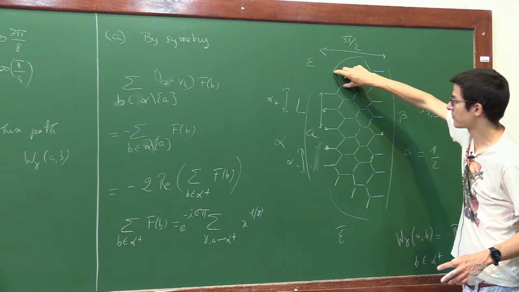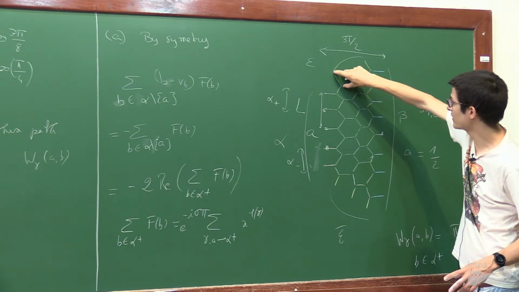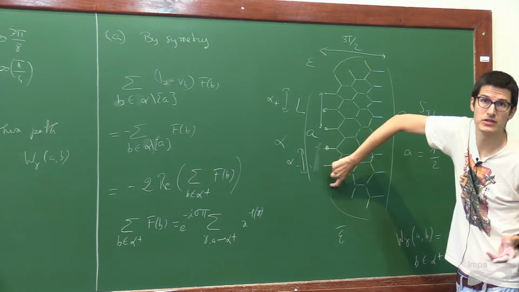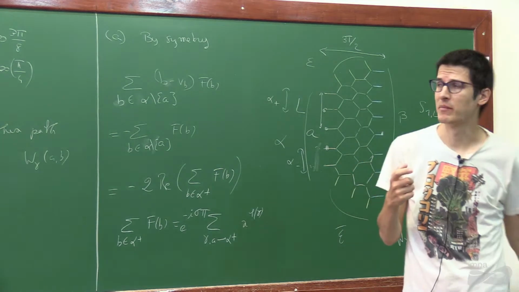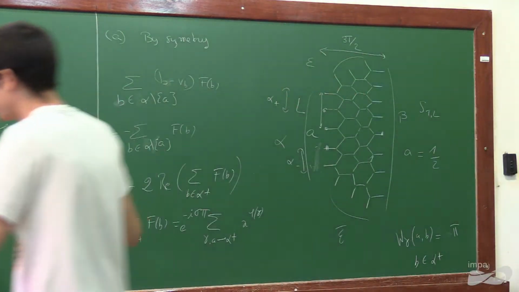Also the term B minus VB, in one case it's J, and in the other case it's J square, which is also J bar. So everything gets mapped to its conjugate, and in the end you get something real.